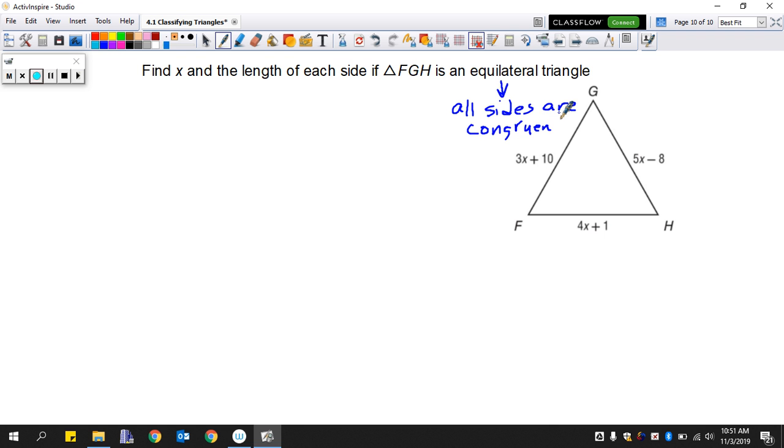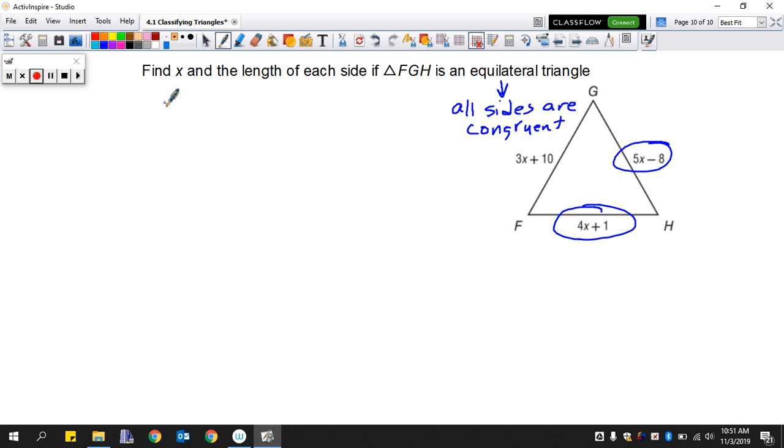So 5x minus 4x is 1x, minus 8 is equal to 1. Let's say plus 8, plus 8. The 8's cancel out. 1x is just simply x is equal to 9. So our value of x is 9.